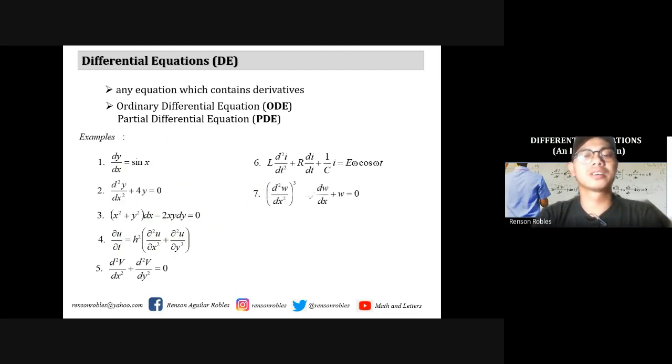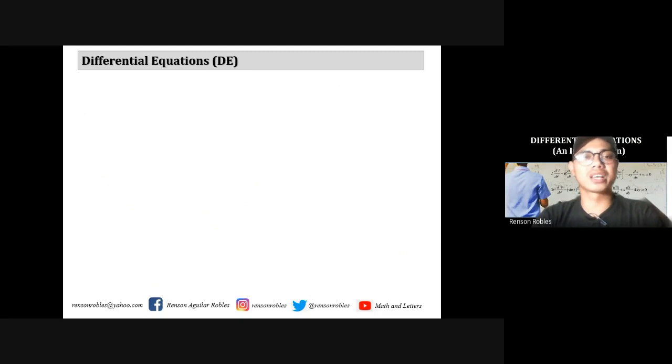Some more: we have the second derivative of w with respect to x to the third power minus xy times dw/dx plus w equals 0. We have the third derivative of x with respect to y plus x times dx/dy minus 4xy equals 0. So these are our examples of differential equations.